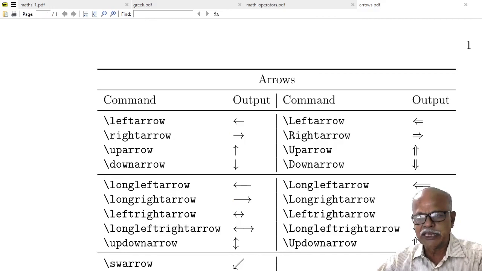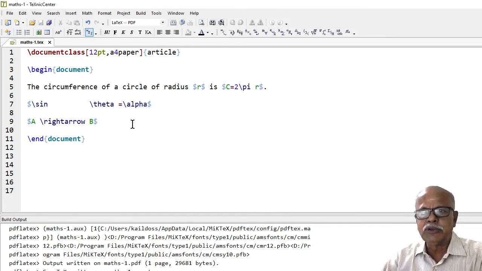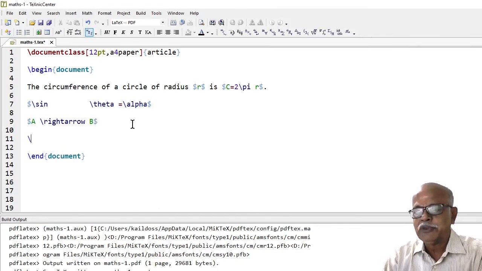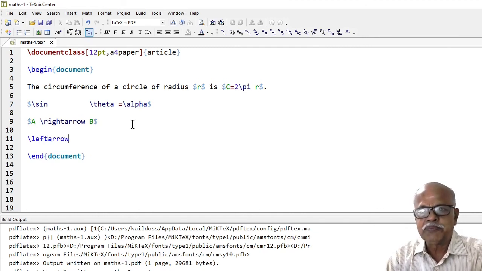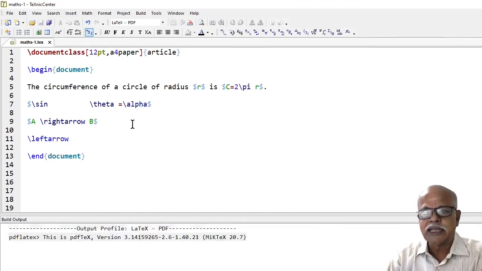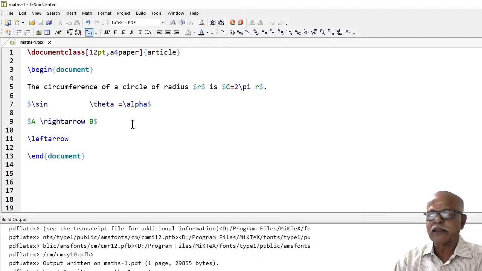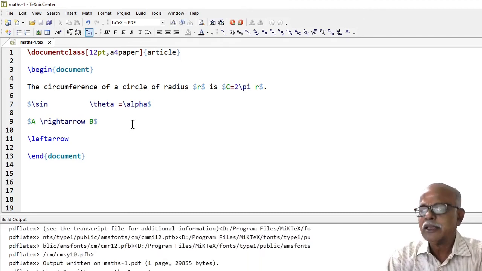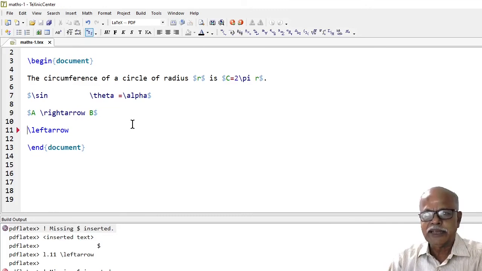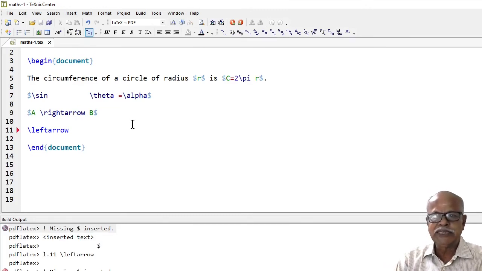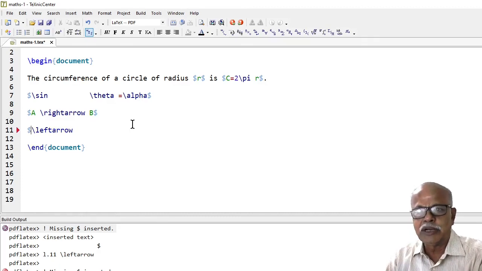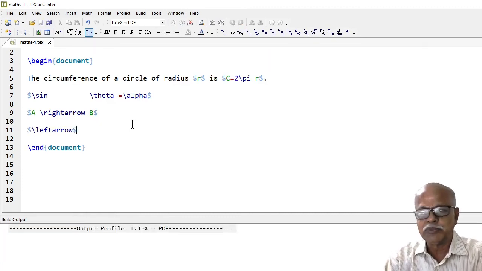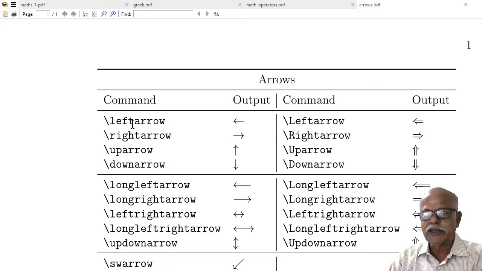What I mean to say is, if you do not use the $ sign, if you simply say \leftarrow, then there will be a compilation error. The error will be, it will say missing $. You have to put these things only in math mode. Only then you will get it all right.